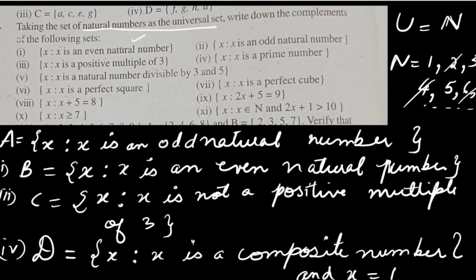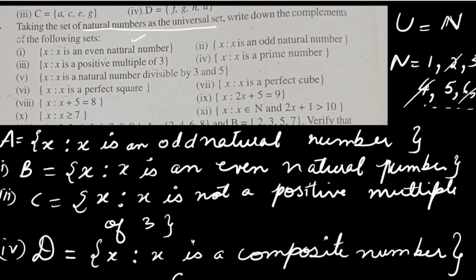Why X equals 1? Because X is not a prime number, and 1 is not included in composite also, and it will not be included in prime also.